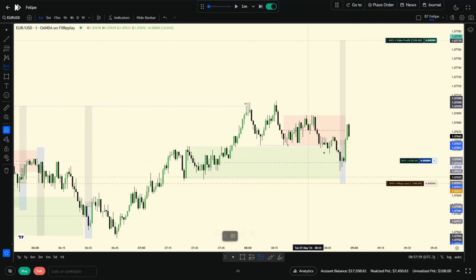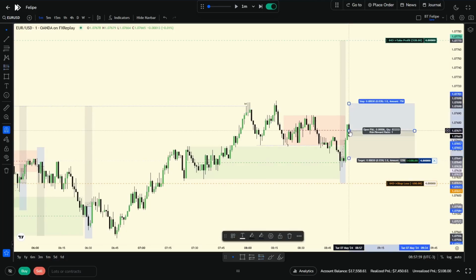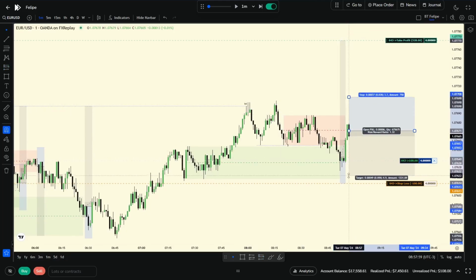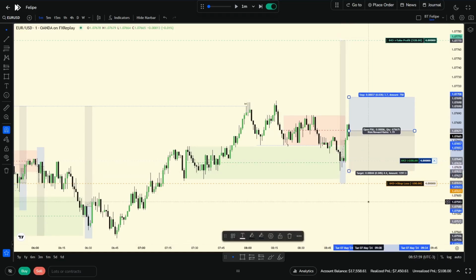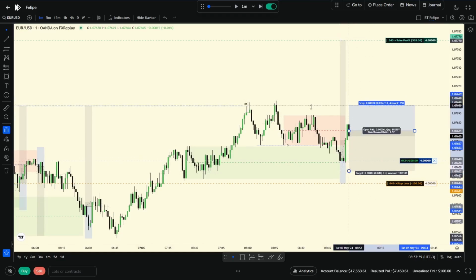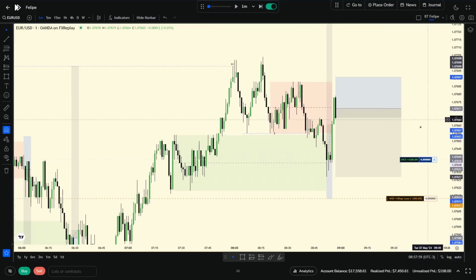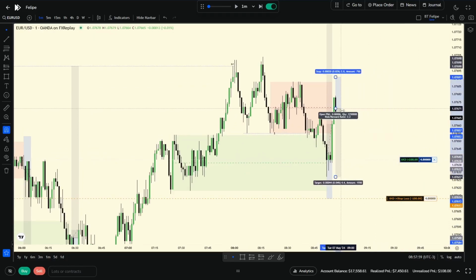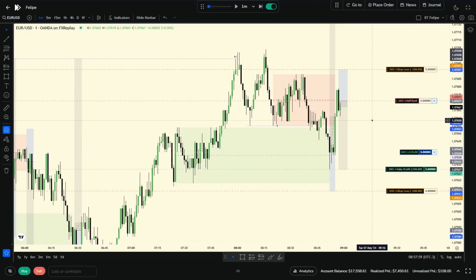And I'll try these shorts. The only problem is the RR. This is very bad. I need to do like this. Let's try.